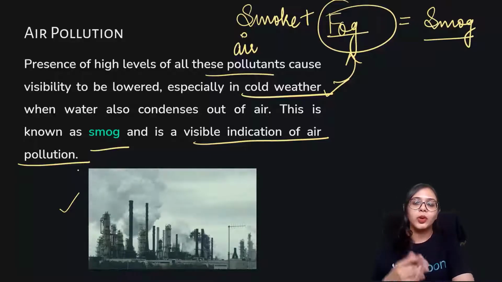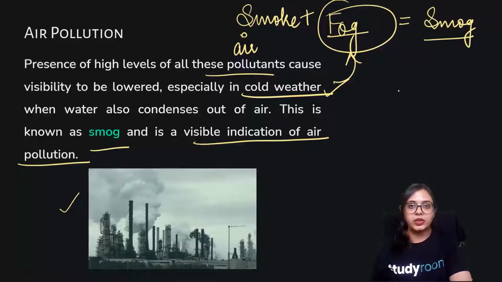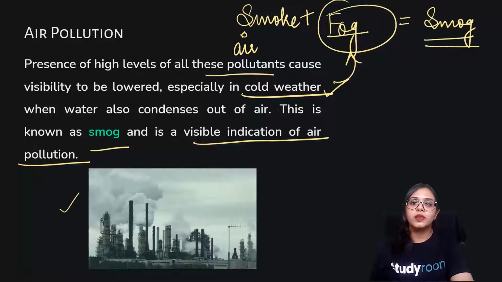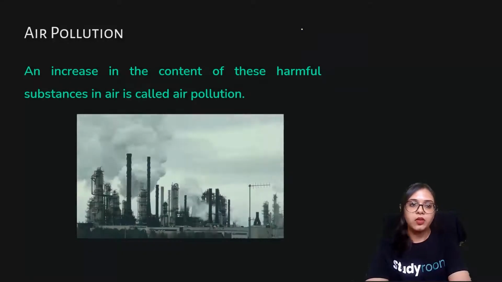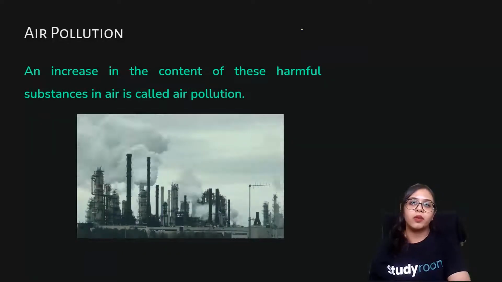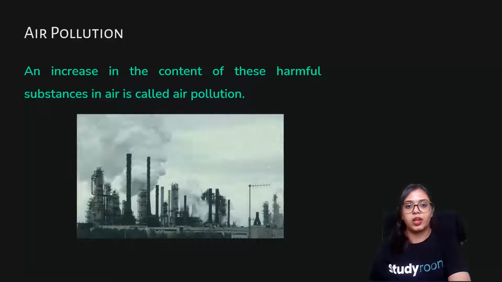Okay, so in the cold weather of Delhi, smog is very prevalent because these air pollutants, these particulate matters, are combining with fog to form this visible indicator of air pollution. Alright, so this increase in the content of harmful substances in air is called air pollution.